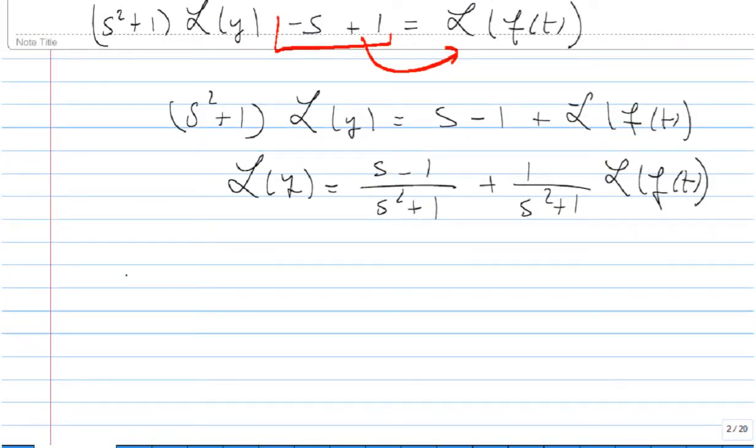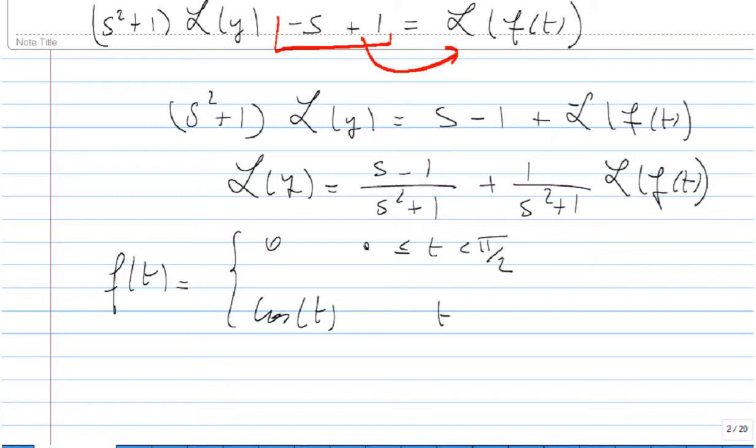And for that, we know that f of t is 0 for t between 0 and pi over 2, and cosine of t for t greater than pi over 2. So using the u_c, this is equal to cosine of t times u pi over 2 of t.